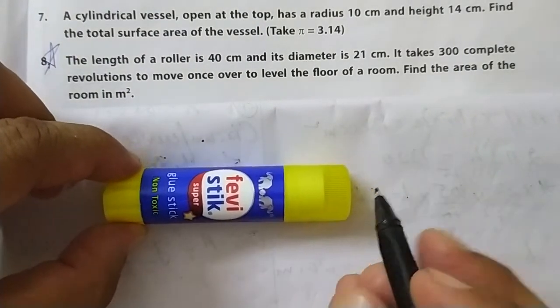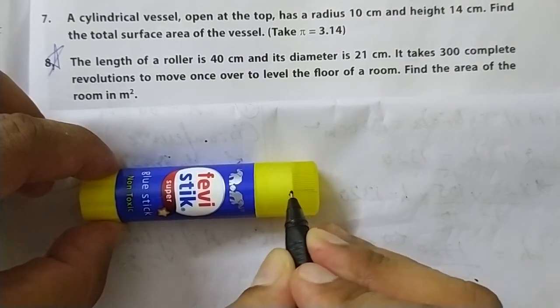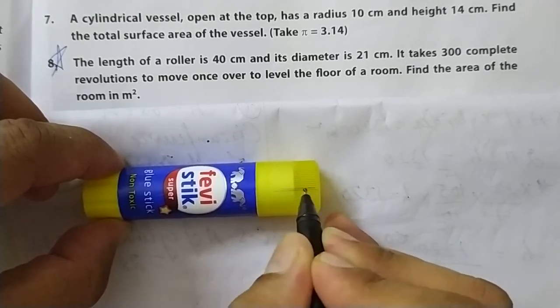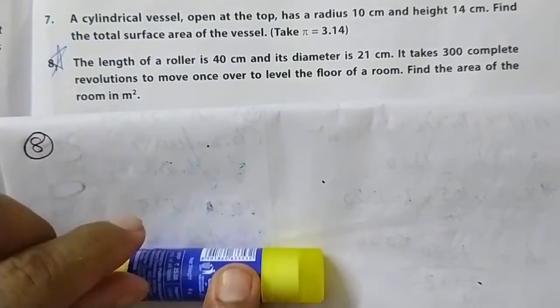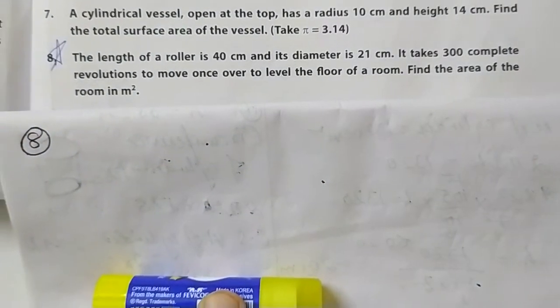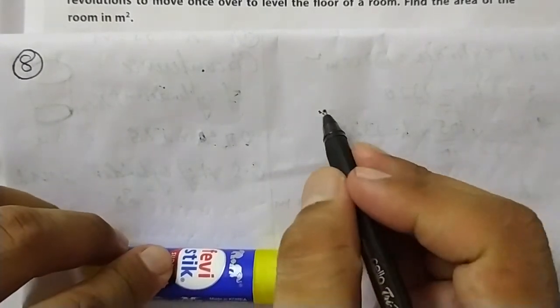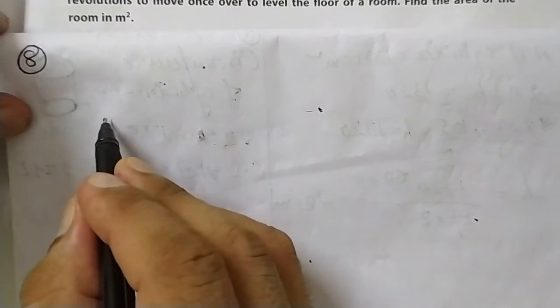Suppose I have made a tick here. When this comes up again, it will be one complete revolution. So from here I am starting. Let's see when it will come up. Yes, this is up. Now from here to here, this total area is its CSA.